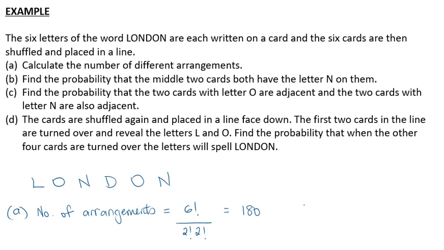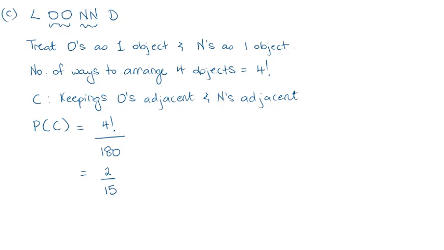What that is telling us is that we are working with a conditional probability question. We were given some information. It's not just 6 cards shuffled and we know nothing about the outcome. We know for a fact that the first 2 letters are L and O. Right?